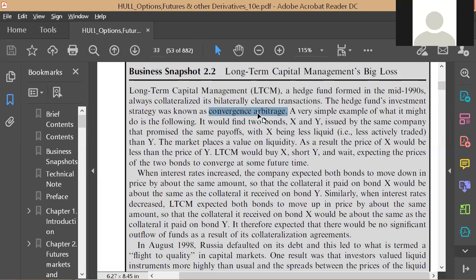Again, this is another example where the market uses the word arbitrage without thinking rigorously about it, and they use it to describe transactions which are not CRA. What they were doing actually had not removed the market risk, and they ended up losing a lot of money because things moved.